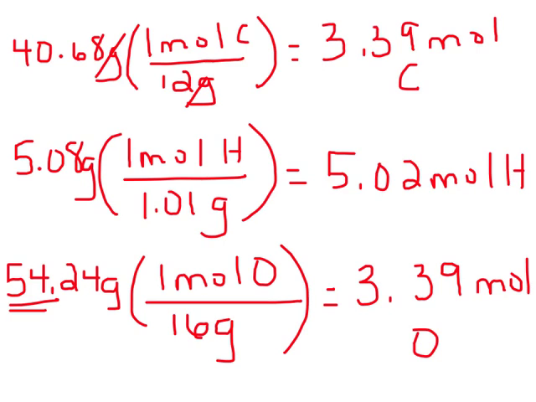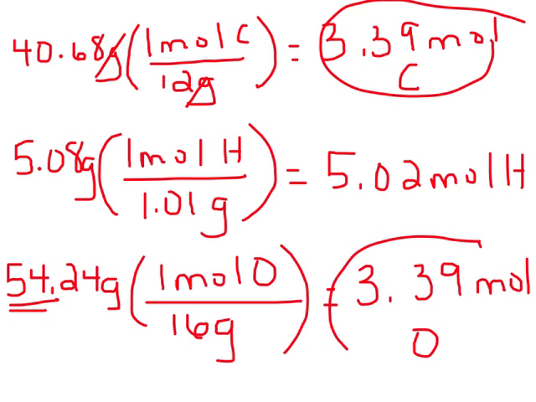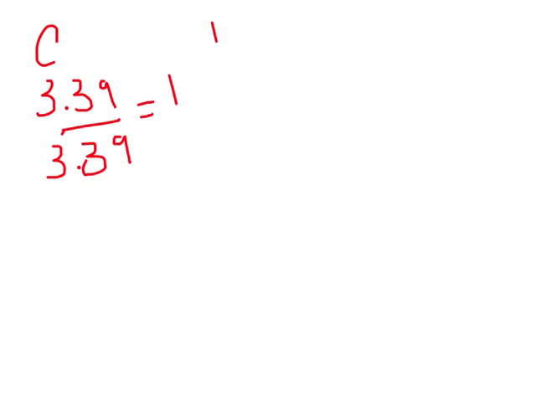Okay, the next step was to find the lowest number of moles and then divide by it. So if I look, the lowest number is 3.39 for both carbon and oxygen. So I'm going to divide everybody by 3.39. For carbon, it's going to be 3.39 divided by 3.39, and I'm going to get 1.